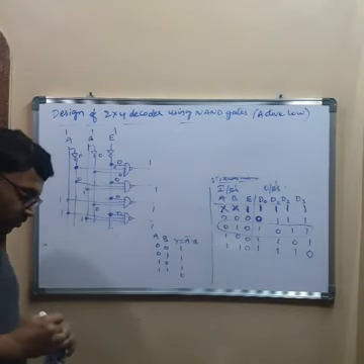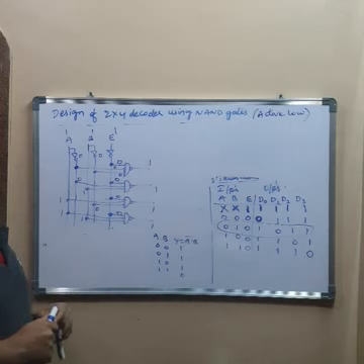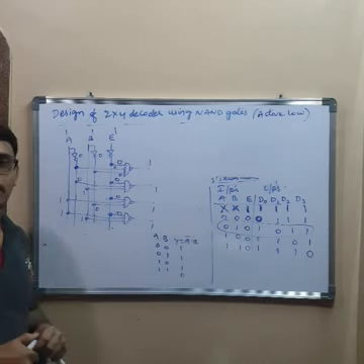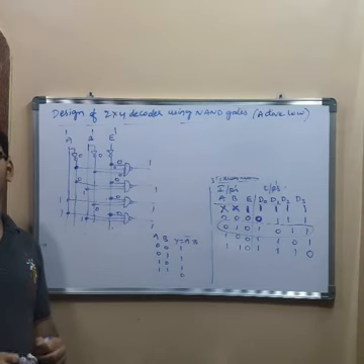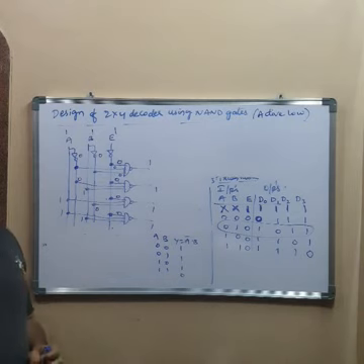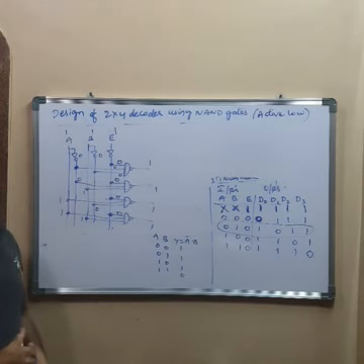Just if you see the question, design a 2 into 4 decoder using NAND gates. The meaning of this is it is active low decoder. Active low in the sense inputs are considered as active high, outputs are active low, and also enable input is active low, right?